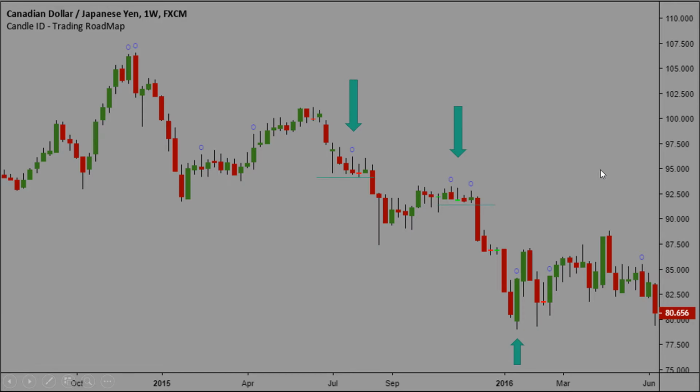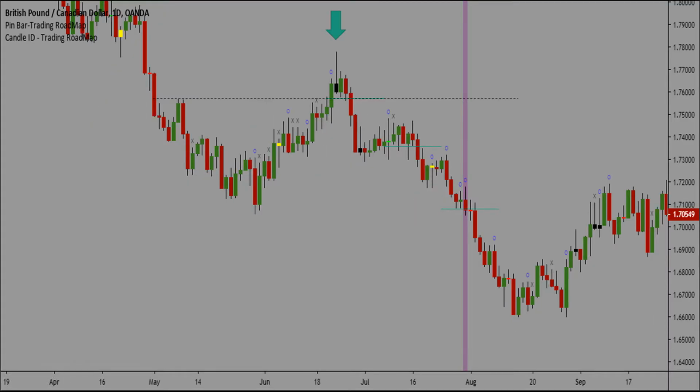One more example. Here we have the British pound, Canadian dollar. What we have here is a false breakout. Remember, in the how to draw support and resistance module, I showed you that the way I draw support and resistance is I respect the most recent swing.